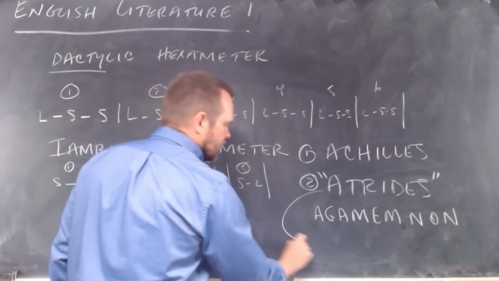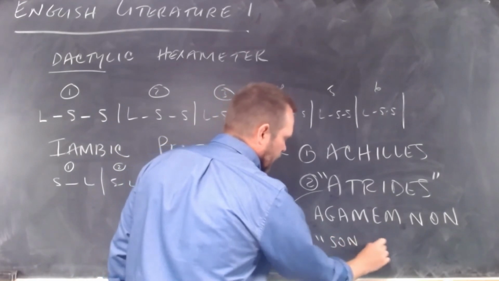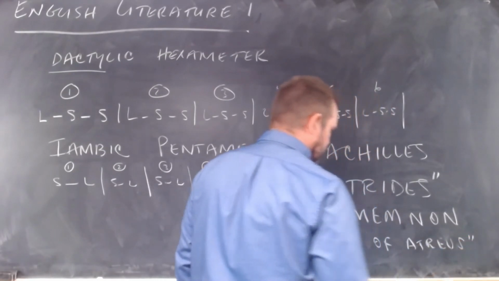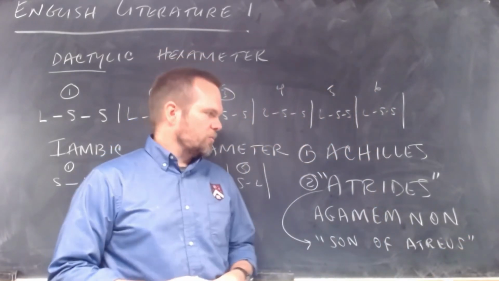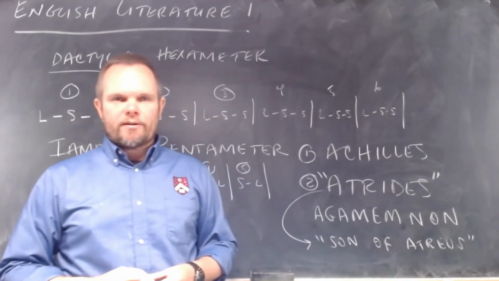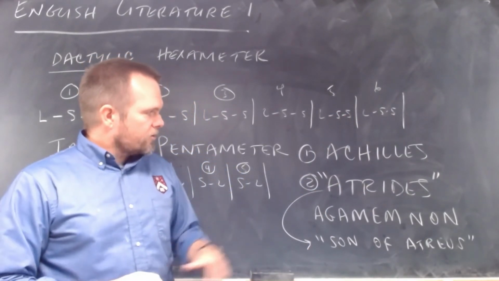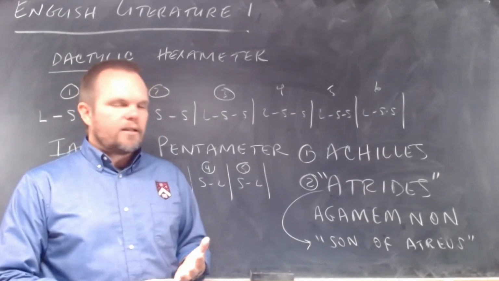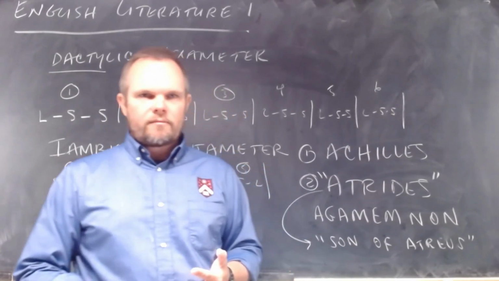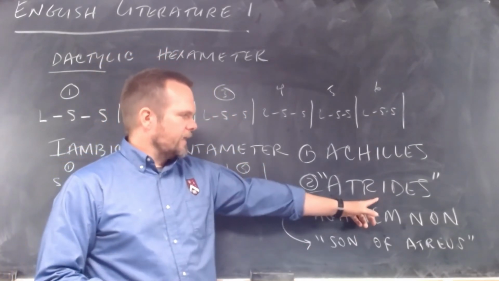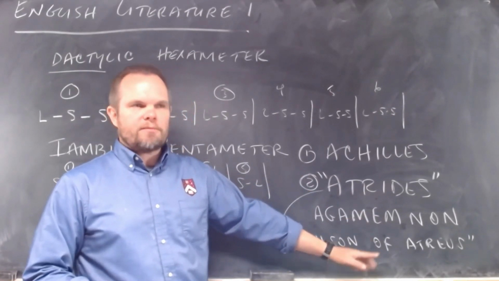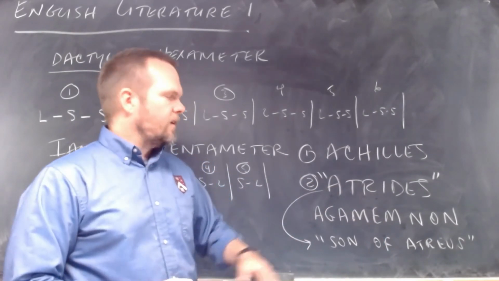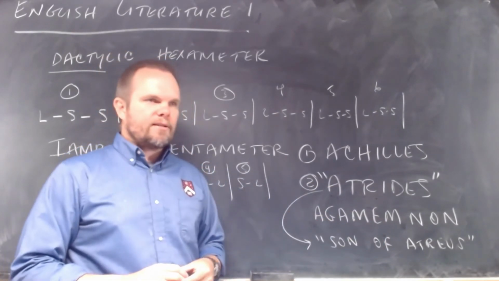What Atrides means is son of Atreus, because Agamemnon's father was Atreus. So the two characters are Achilles and Agamemnon. When you see Atrides, it's the same thing as son of Atreus. Sometimes you'll see him referred to as son of Atreus, sometimes as Atrides, sometimes as Agamemnon. That's his actual name.